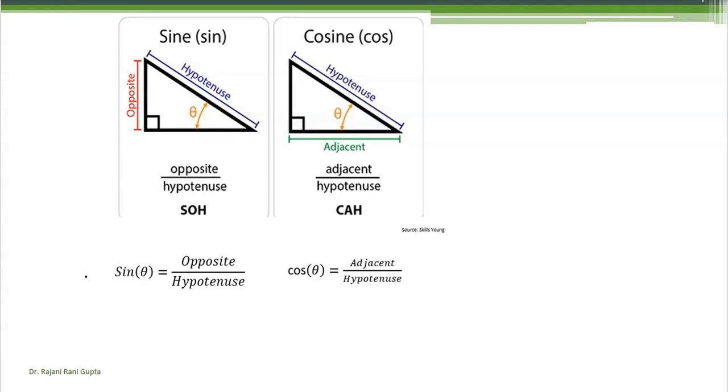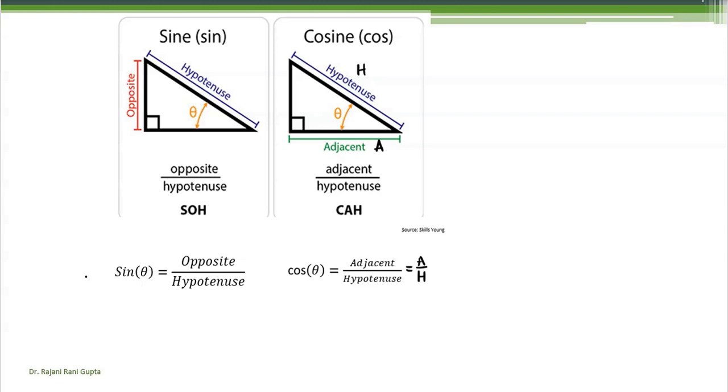Second, if this is the angle theta, this side we call the adjacent side. Let's name it A, and the longest side is always the hypotenuse. Then cosine of theta is given as adjacent over hypotenuse.